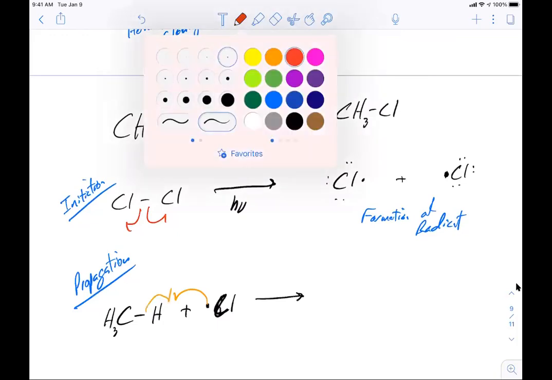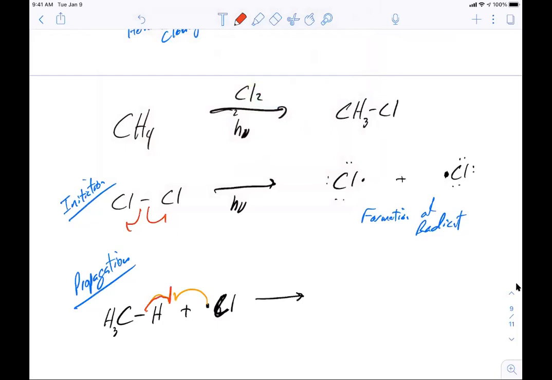Notice the first thing we end up with is not what we think of as the product. We end up with the abstraction of the proton.